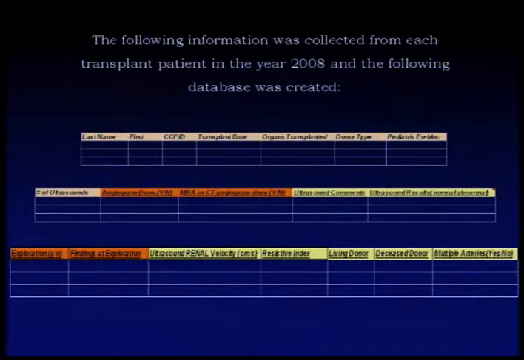The following was a sample of the data collection. We looked over the resistive index, renal velocities, delayed graft function, and whether or not the donor kidney had multiple arteries.